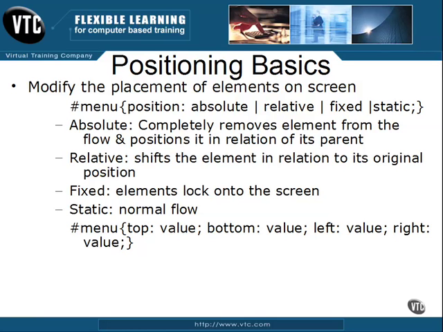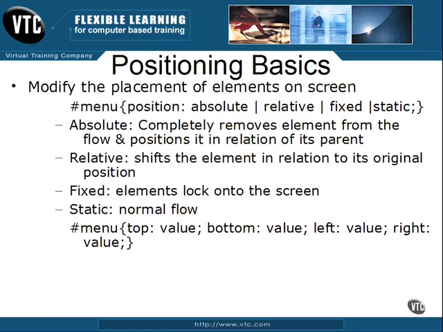So the top value is going to be in relation to the top of the containing element. So it's the edge of that top containing element and the top of our positioned element. Bottom is in relation to the bottom of the containing element and the bottom of our positioned element, and so on and so forth. So typically when you use this, you would set up two pairs of values, such as top and left or bottom and right.